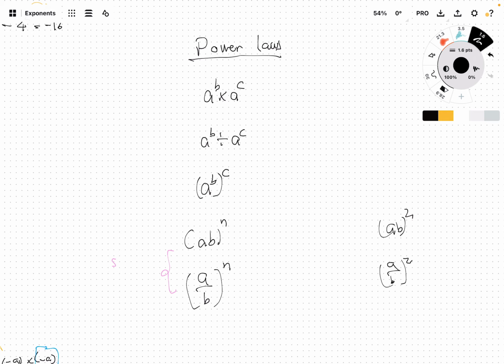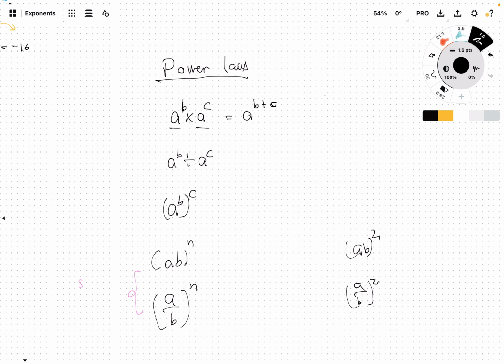So, the first law says, if you have a product of 2 powers, you add up their exponents together. So in words, product of powers causes addition of the exponents.